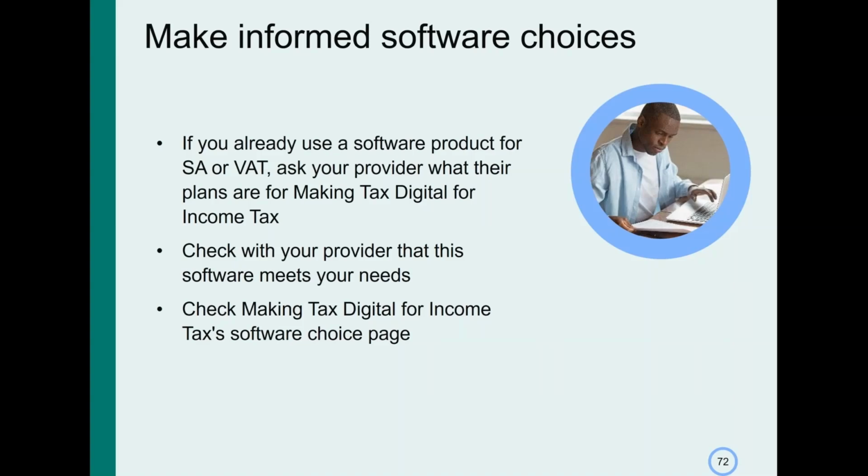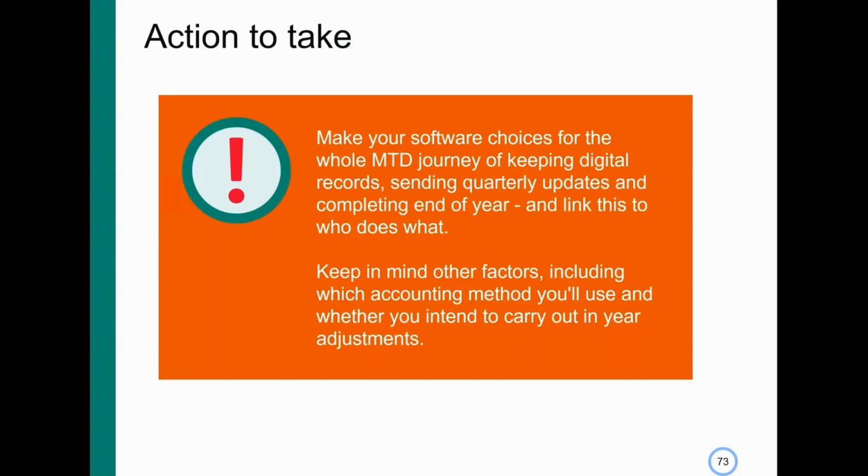Make your software choices for the whole MTD journey of keeping digital records, sending quarterly updates, and completing the end-of-year tasks, and link this to the thinking you're doing in tandem about who does what. Keep in mind other factors, including which accounting method you will use and whether you intend to carry out in-year adjustments. And at this point of the webinar, I'm going to hand back over to Samantha, who will continue.